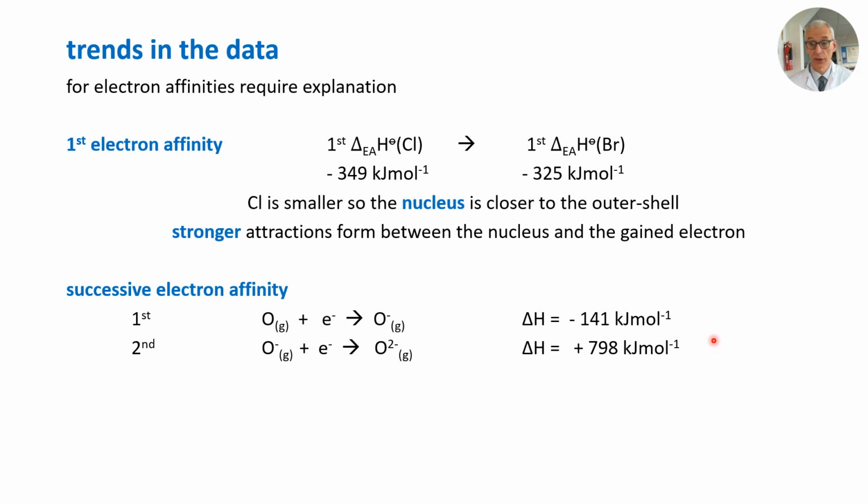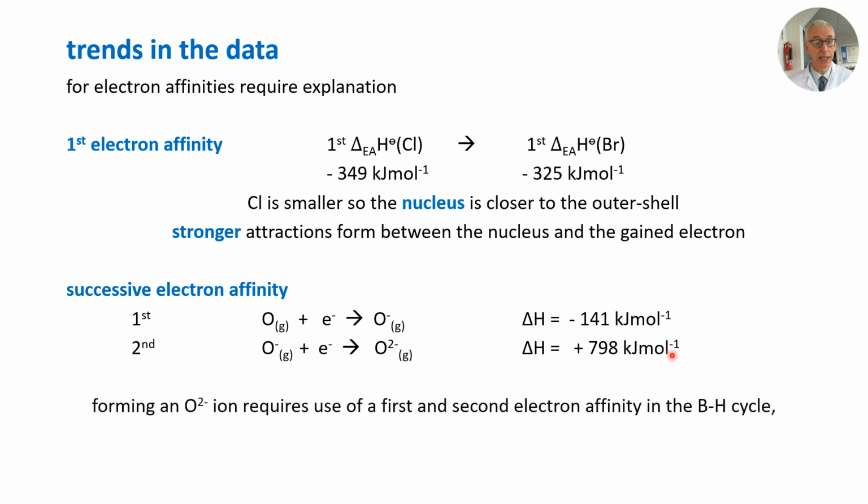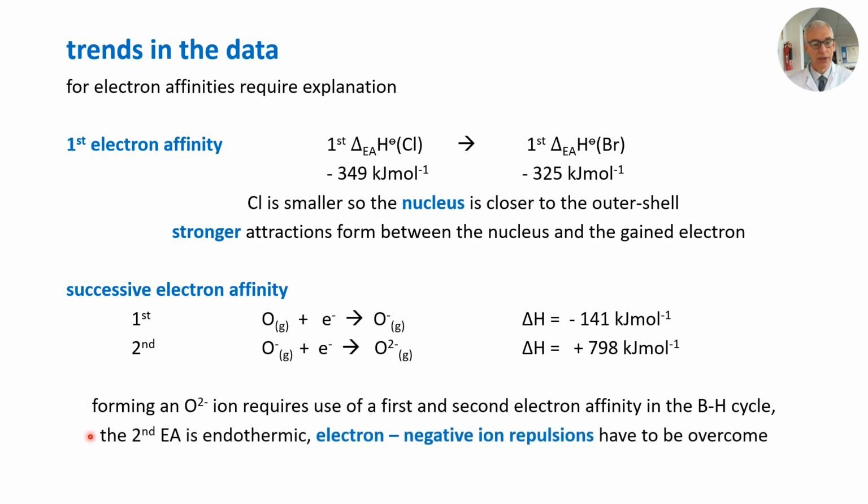Okay, so I'm going to reveal my thinking. Forming a 2- ion requires both the first and second electron affinity in the Born-Haber cycle. The second electron affinity is endothermic. For the first electron affinity, we're adding an electron to a neutral atom, so we're forming attractions between the nucleus and this electron, so that will be exothermic.